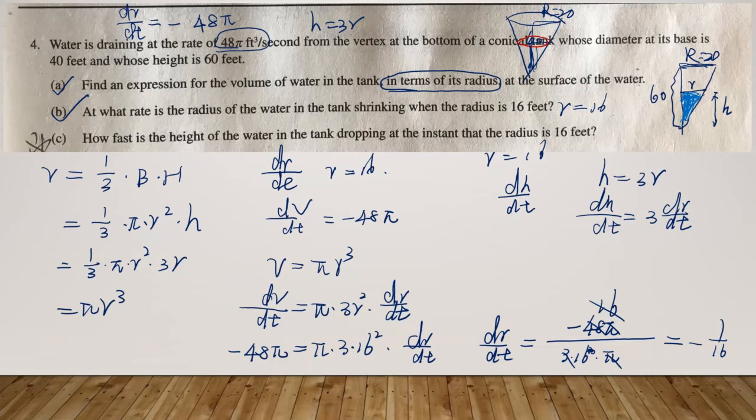Now it is very simple. dh/dt is 3 times the rate of r, which we already know is negative 1 over 16, so it is negative 3 over 16. That's the final answer of question C.